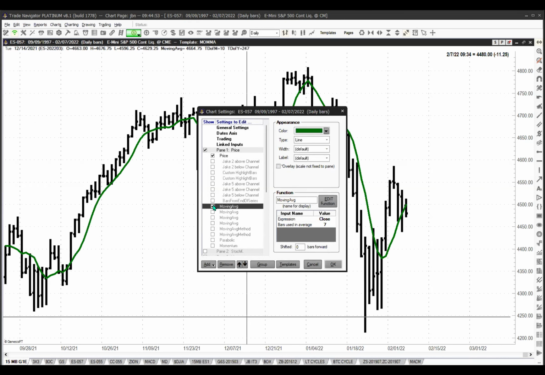Moving average, high, 3. Just bear with me for a moment. Like so. Moving average, low, 3.